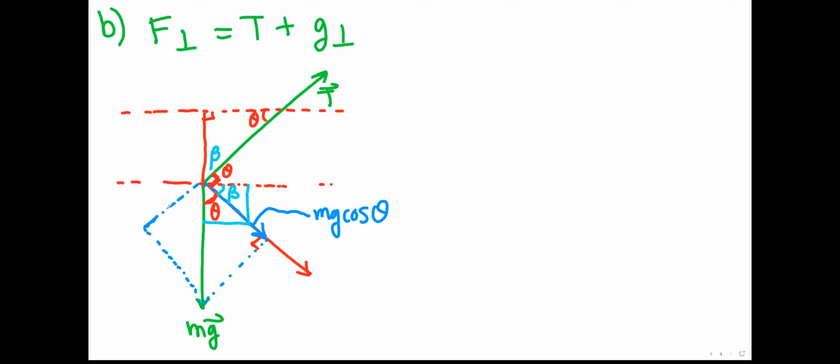So that will be what? Well, I would like to use theta, not beta for this. I'm thinking it would be mg sine theta. Yeah, so mg sine theta, that's right.